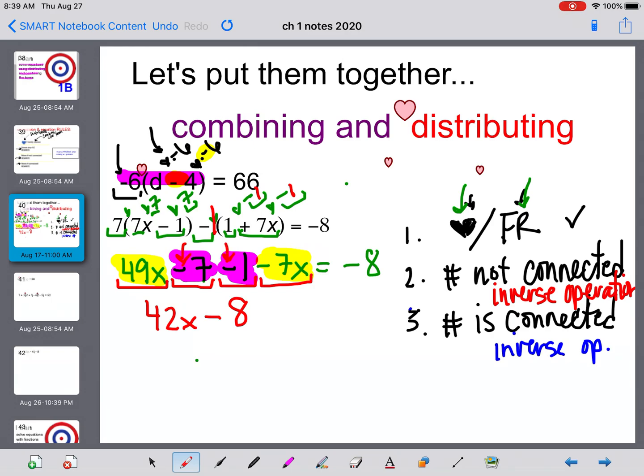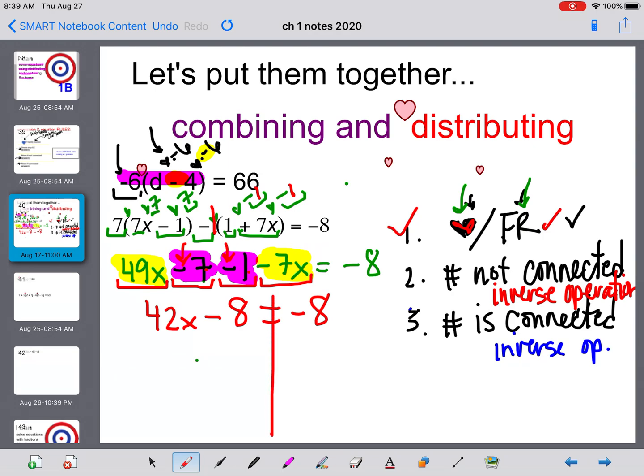Remember, this is a party because they have the same sign. And how many are at the party? 7 and 1 combined together are 8. So I have 42x minus 8 equals negative 8 now. And I'm done with the first step because I shared the love, and then I had a family reunion. And so I've simplified this as far as it can go.